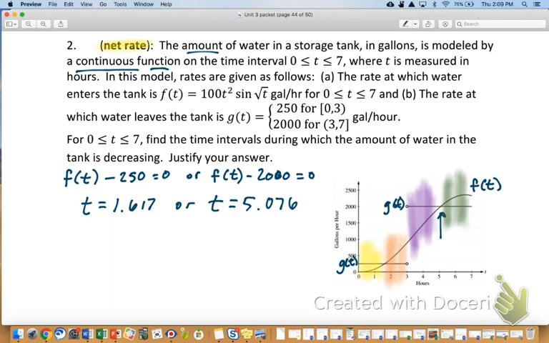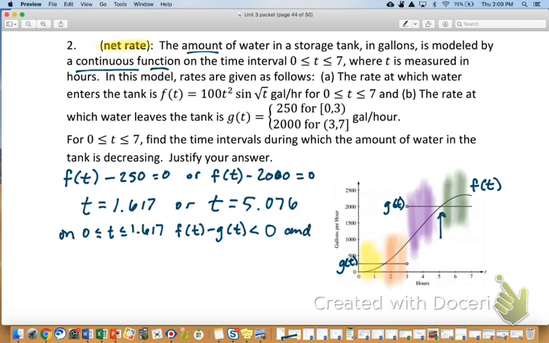On the interval from 0 to 1.617, f of t minus g of t is negative, isn't it? Because g of t is the bigger number on that interval.